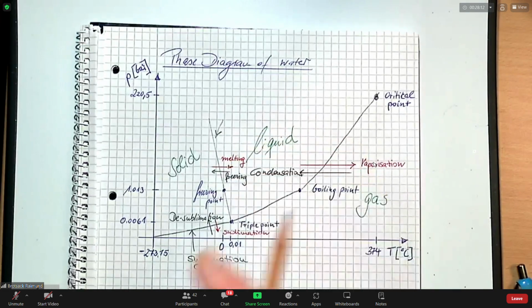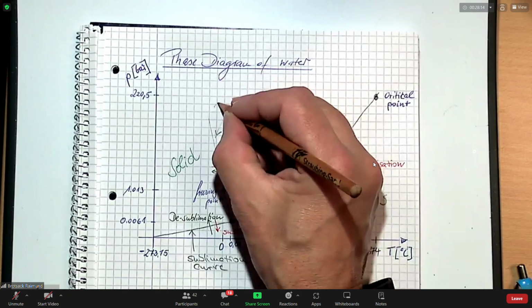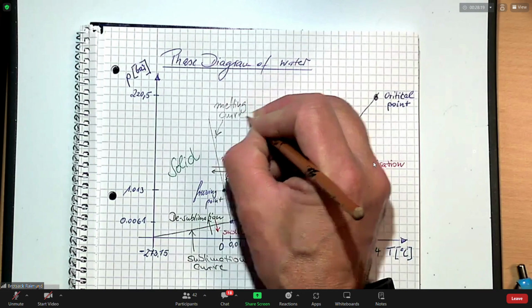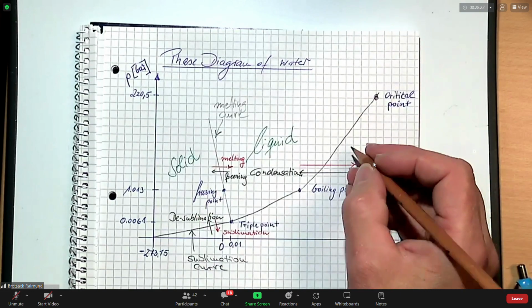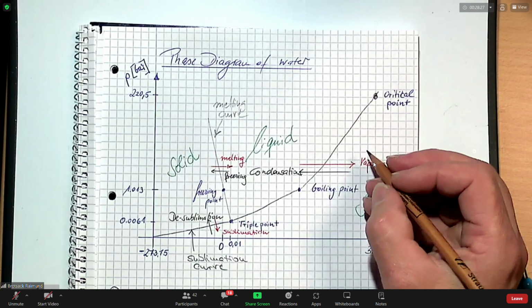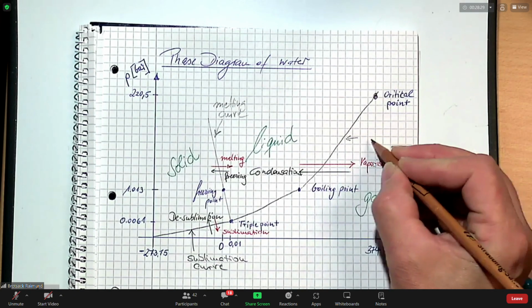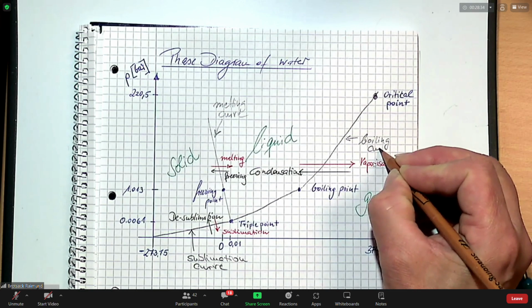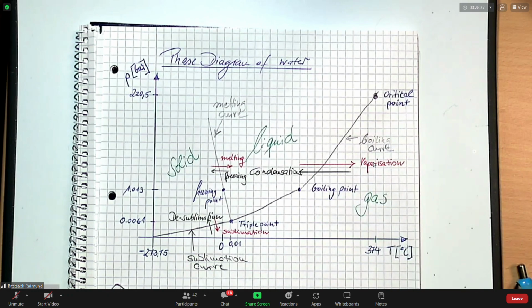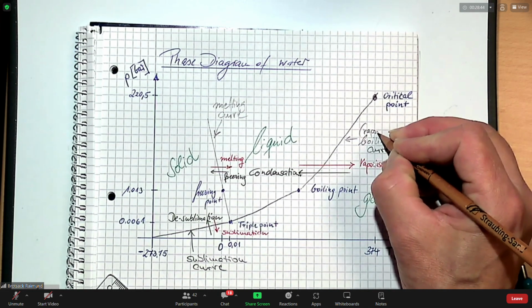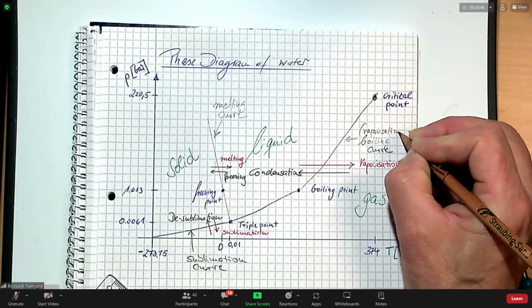This curve we call the melting curve. And this curve we call the boiling curve, or the vaporization curve, another name.